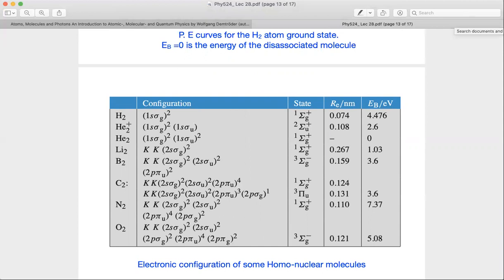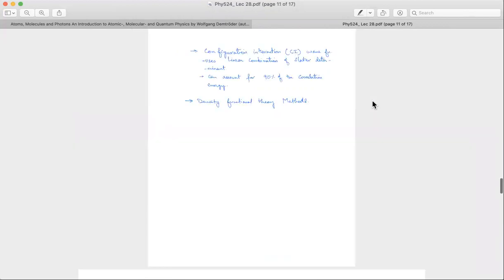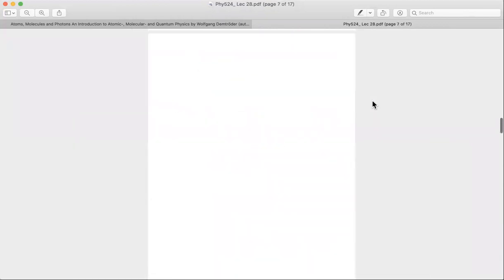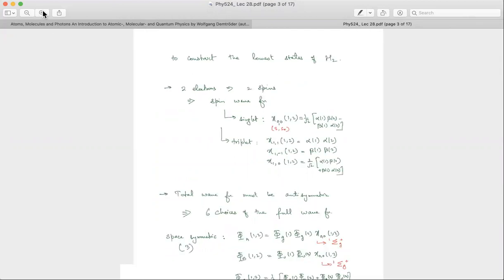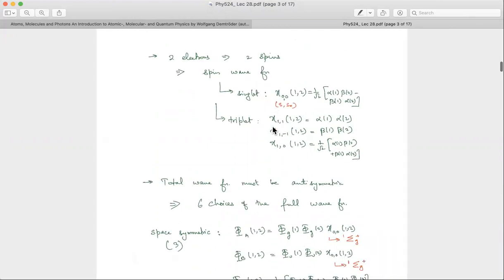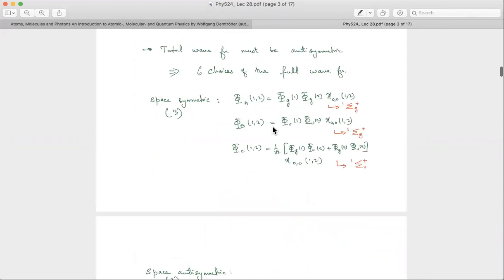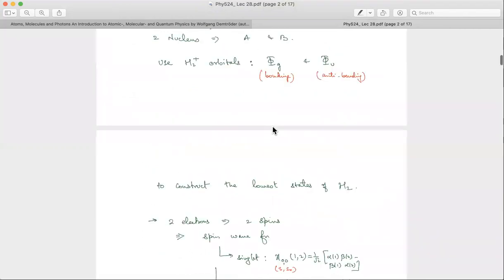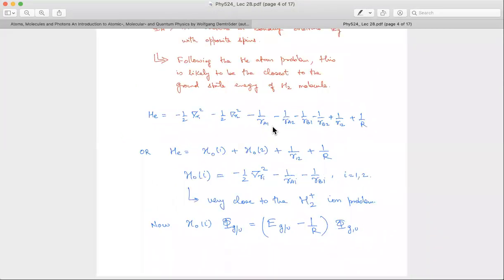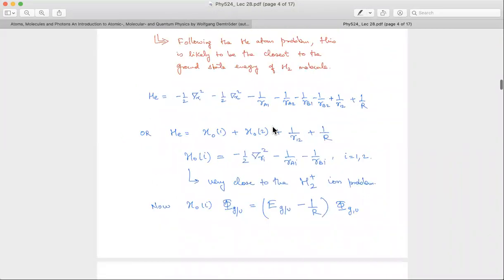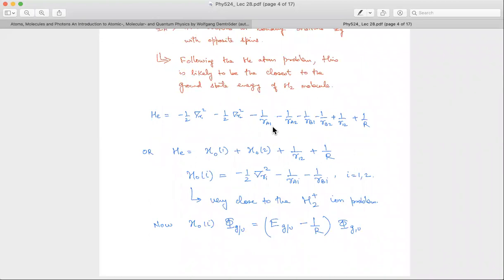Sir, the previous page. Just a minute. Sir, I think you have written trial wave function somewhere.